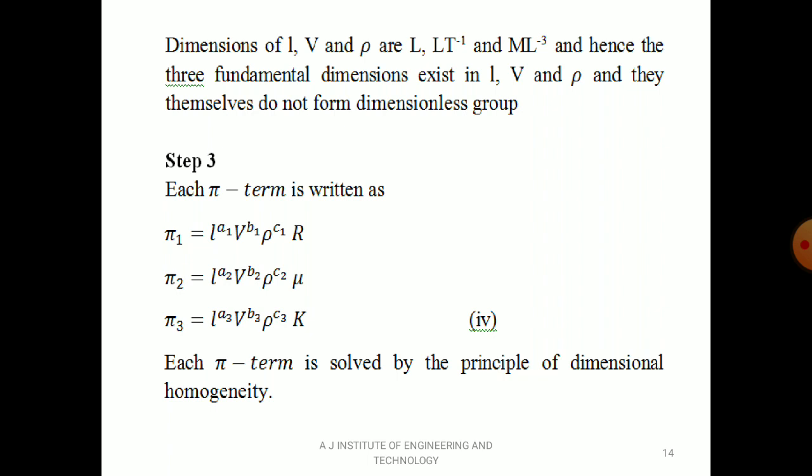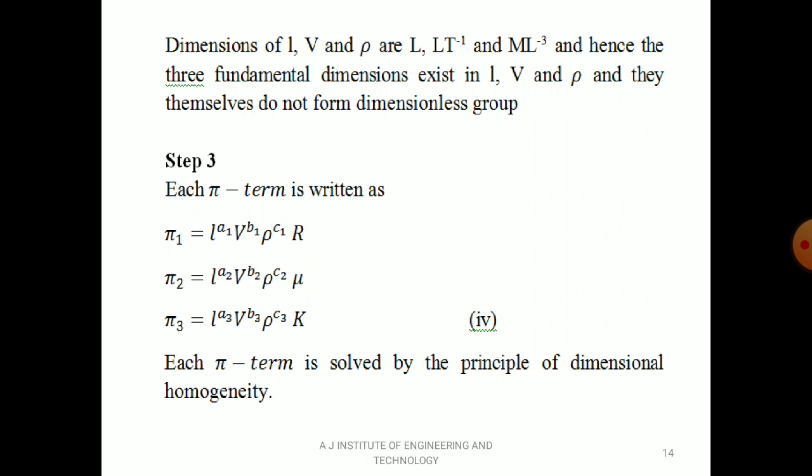So pi 1 equals L to the power A1 into V to the power B1 into rho to the power C1 into R. Pi 2 equals L to the power A2, V to the power B2, rho to the power C2 into mu. Pi 3 equals L to the power A3, V to the power B3, rho to the power C3 into K. Take it as expression 4.